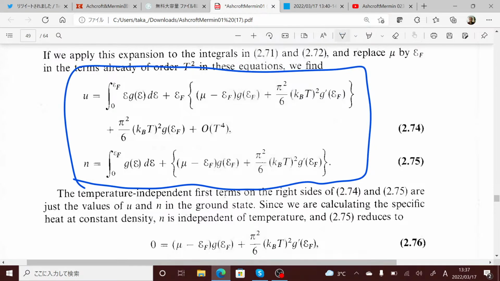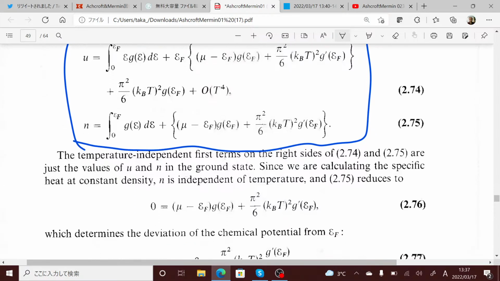The temperature independent first term on the right side of 274 and 275 are just the value of u and n in the ground state. Since we are calculating the specific heat at constant density, n is independent of temperature, and 275 reduces to this.